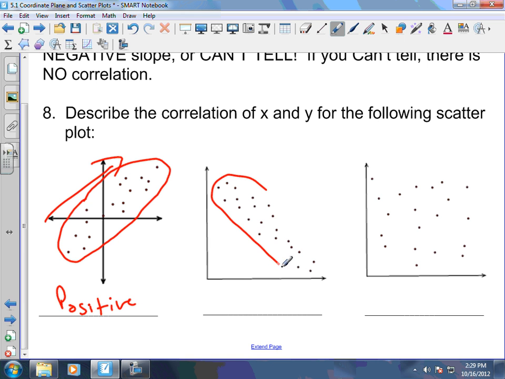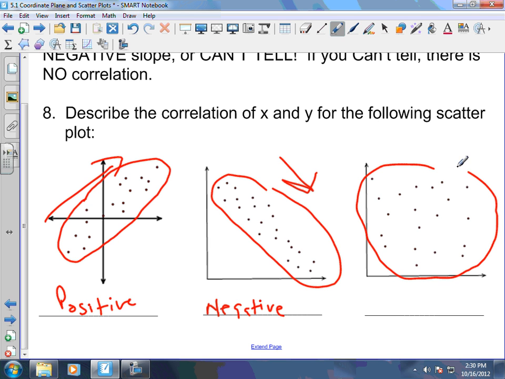These dots from left to right go down. That is a negative correlation. Okay? From left to right. This here, this is no correlation. So I'm going to put N/C for no correlation.